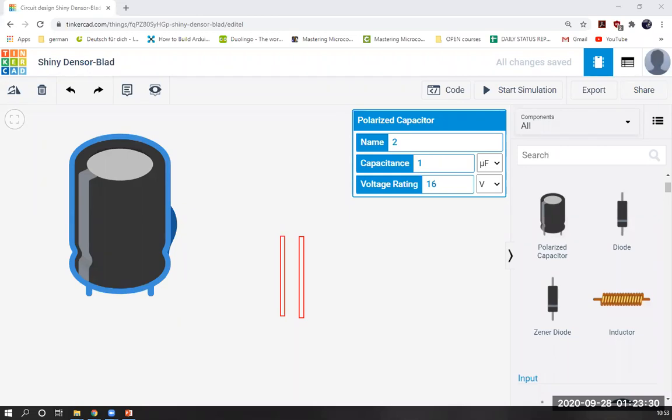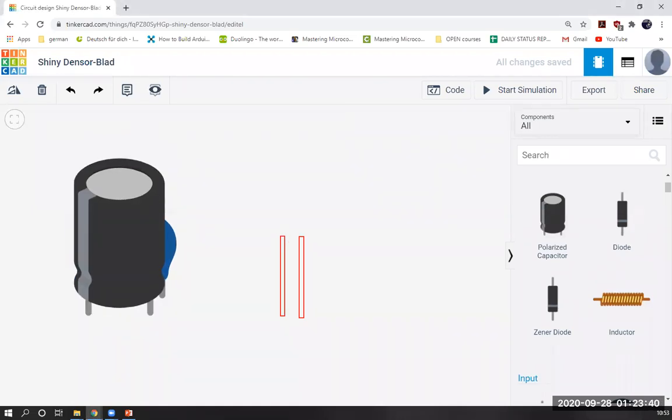This medium can be a dielectric medium, so this can be air, or glass, or any kind of insulating material. Insulating material means some material which will not conduct electricity.